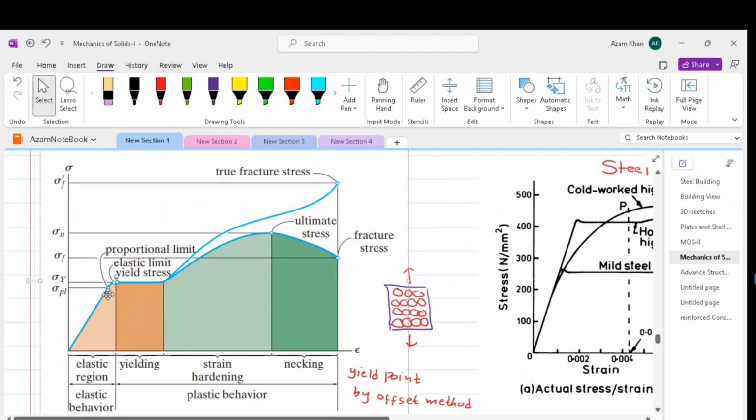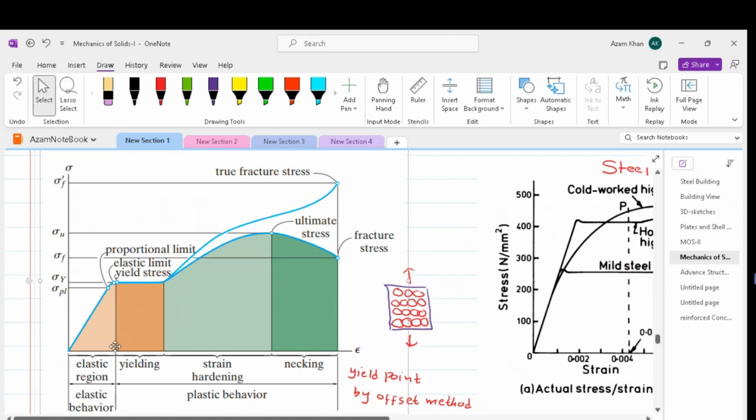However, if we cross the proportional limit, or in other words, we apply load which is beyond the proportional limit, then yielding will start. The balls will start sliding against one another. So for a particular constant load, we will have an increase in deformation, as we can see in the yielding portion of the curve.